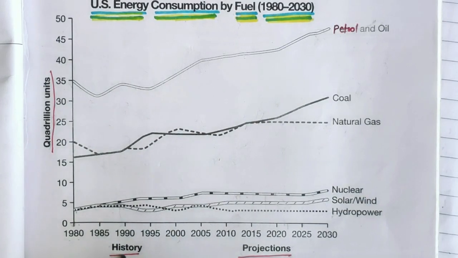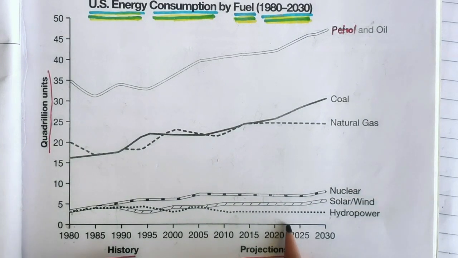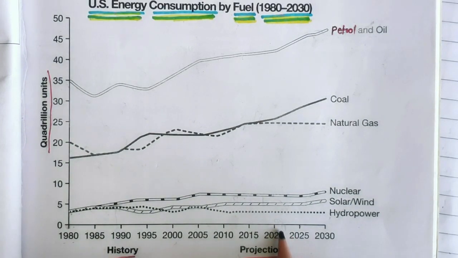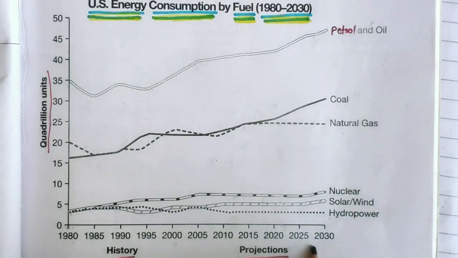History is also given and projections are also given, and here we are at 2022. So till 2022 we will be writing in present, and after that it will be future.